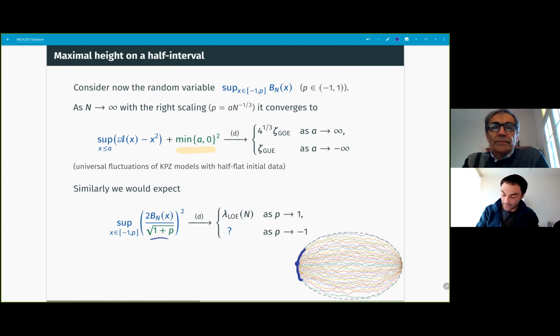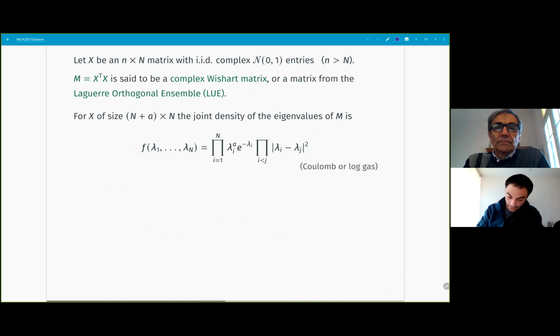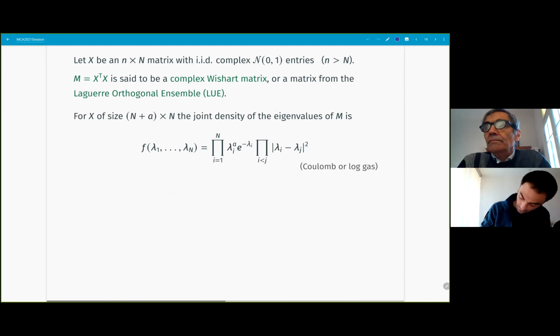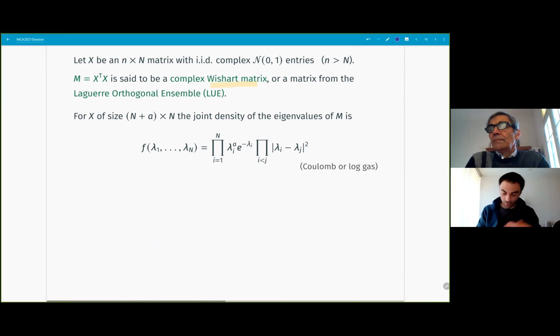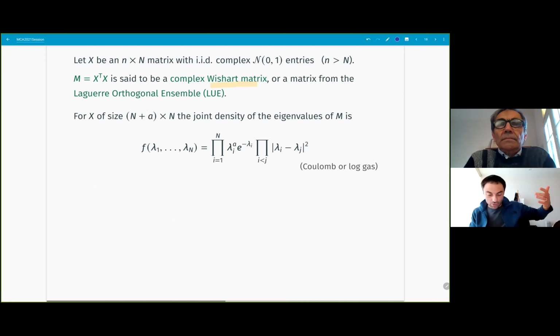So the question is, what do you see? Well, here is the answer, which is a little bit more complicated. Let me go back to these Wishart matrices over here. In the case that I was showing you before, we had real Wishart matrices, sample covariance matrices for real Gaussian ensembles.